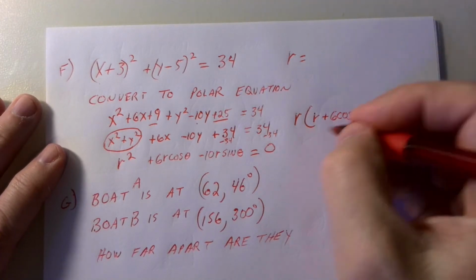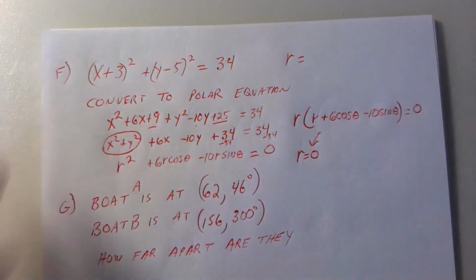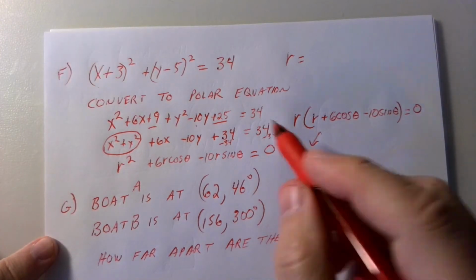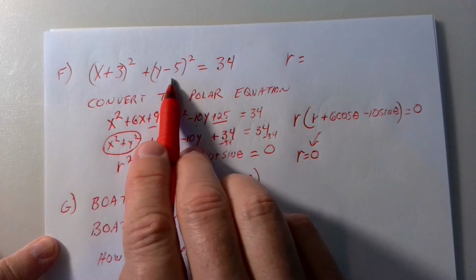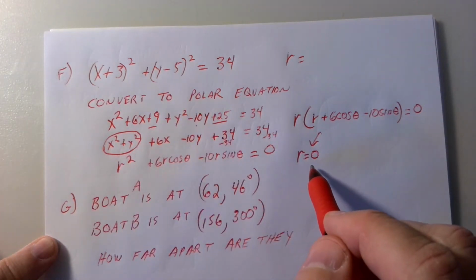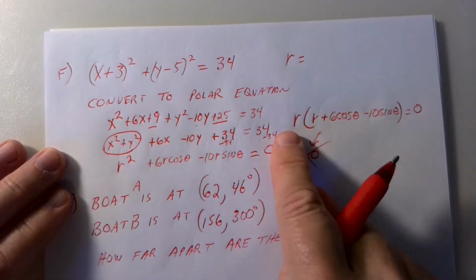So the first thing that could be true is that r equals 0. Yay! No, that doesn't make sense, right? Can I get a circle whose center is at -3, 5 to have a radius or an extension of nothing? And the answer is no. So that one we can just throw out.